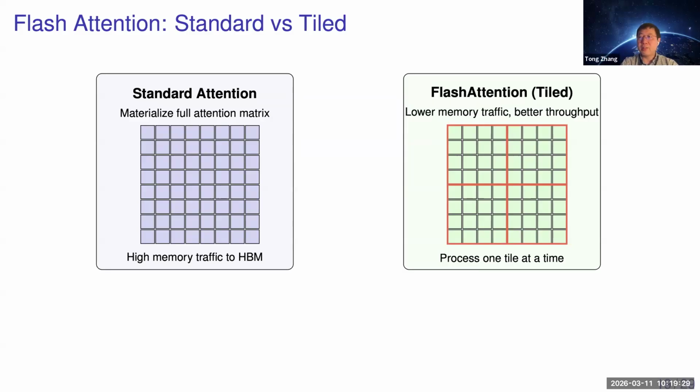Instead of L by L, it depends on your block size. If your block size is B, it's B by B each time, in your GPU memory, and that solves the memory problem. Modern implementations all use flash attention, especially for long context sizes, so it reduces your effective computation complexity. So this is basically what it is.